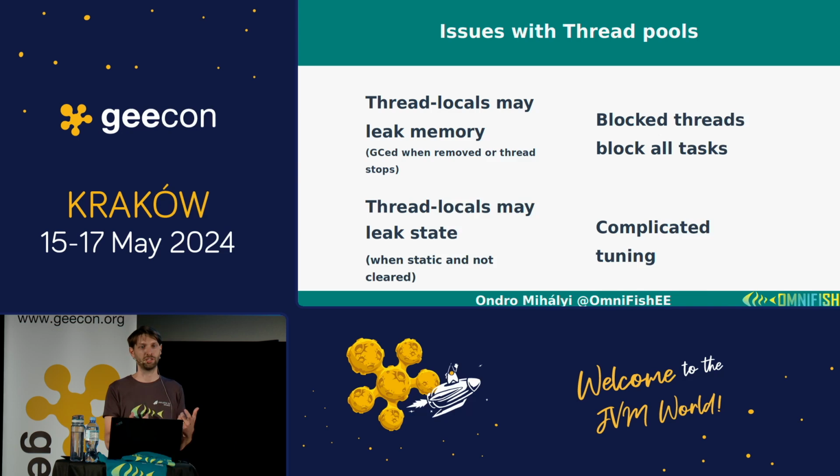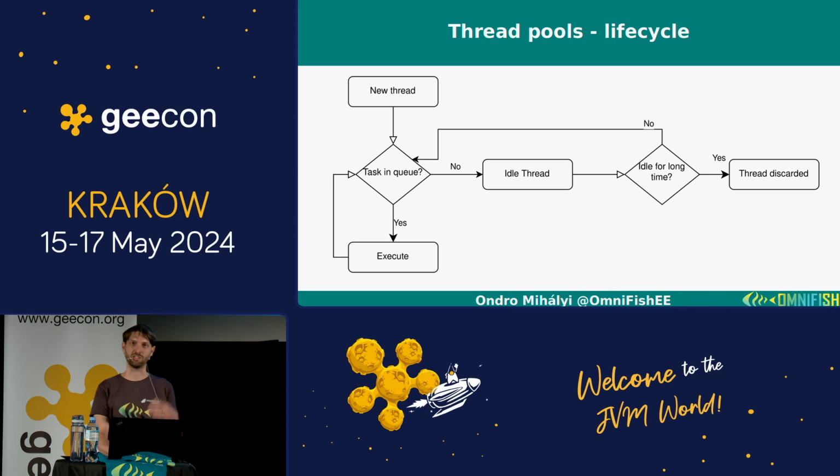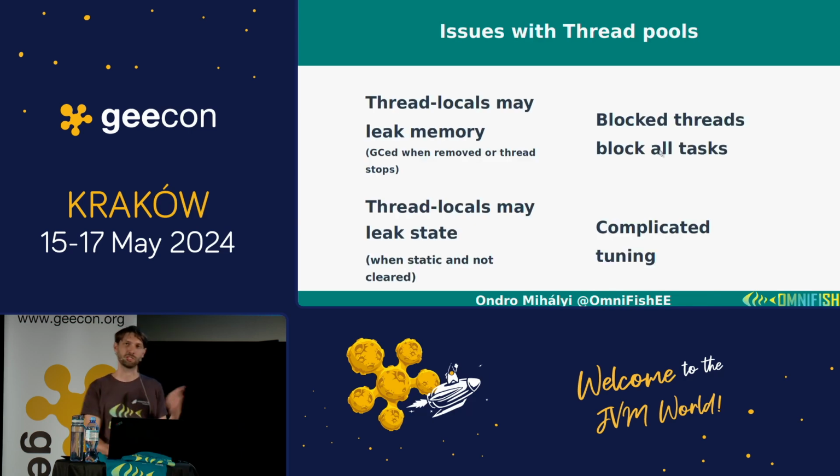If you don't do that, it will stay there until the thread is discarded. So remember here, we keep the threads. So it will always stay there until the thread is really dropped when it's idle for a long time. So that's one problem. You can introduce memory leaks pretty easily if you use too many thread locals and you forget to remove them after you're done with them.